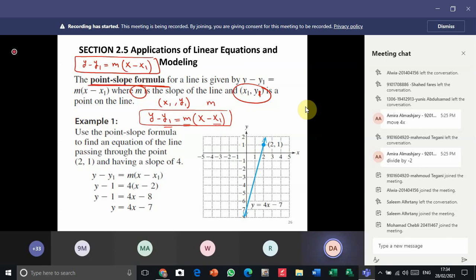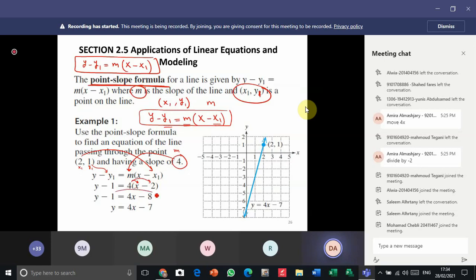Example: if we have a slope 4 and the point (x1, y1) equal (2, 1). Look at this. y1 equals 1, so substitute y1. x1 equals 2, so we substitute x1 equals 2. The slope m equals 4, so substitute m equals 4. So we have y minus 1 equals 4(x minus 2). Now multiply 4 with x, 4x, and multiply 4 with negative 2, we have minus 8.